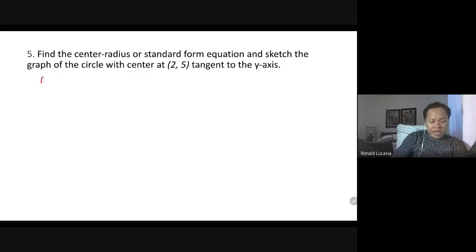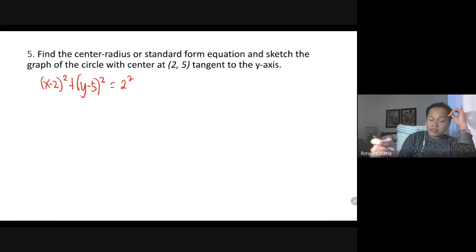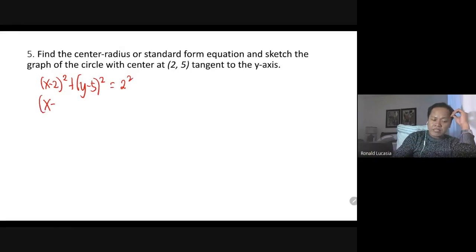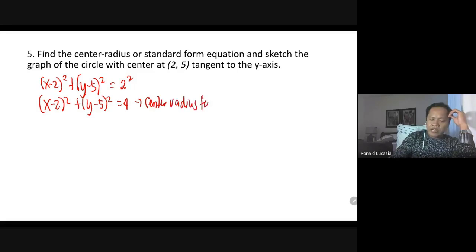So it should be x minus 2 quantity squared plus y minus 5 quantity squared is equal to 2 squared, that's the radius, so equal to 4. This is the center-radius form or the standard form.